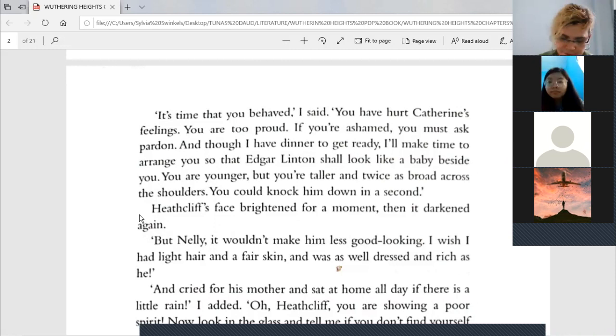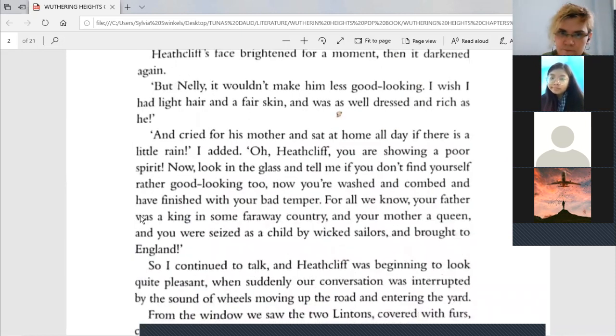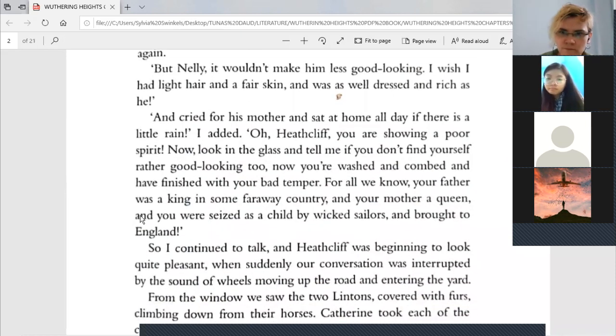Heathcliff's face brightened for a moment, then it darkened again. "But Nelly, it wouldn't make him less good looking. I wish I had light hair and a fair skin, and was as well dressed and as rich as he, and cried for his mother, and sat at home all day if there is a little rain." I added, "Oh, Heathcliff, you are showing a poor spirit.